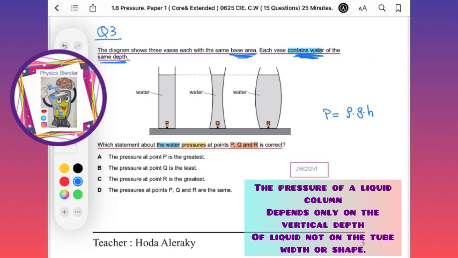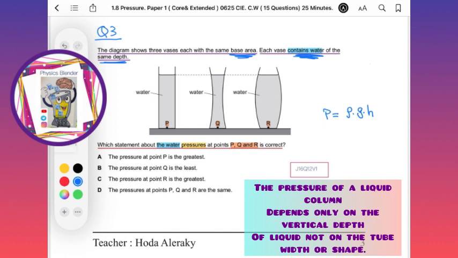For core candidates, you have to know the concept that pressure of liquid depends only on the vertical depth, and it doesn't depend on the shape of the tube, the width of the tube.